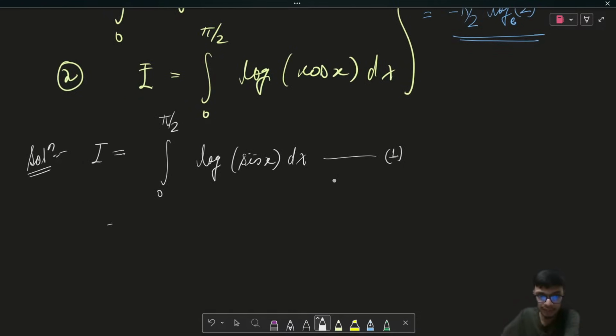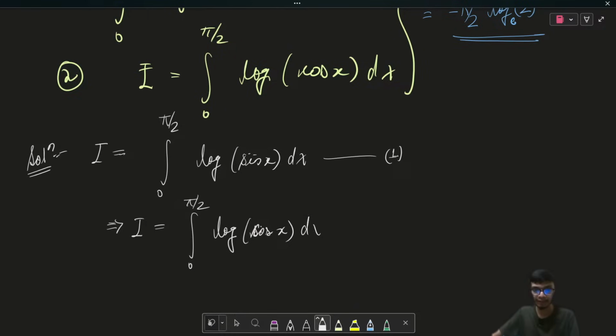Now I'm going to apply the King's property, and I'm going to change this to the integral from 0 to pi by 2 of natural log of cos x dx, because by the complementary angle, sine of pi by 2 minus x is equal to cos of x.